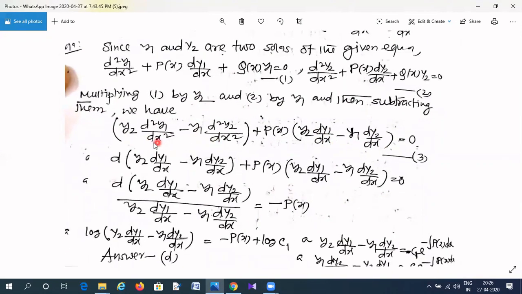Now the first term is equal to the derivative of y2 dy1/dx minus y1 dy2/dx.